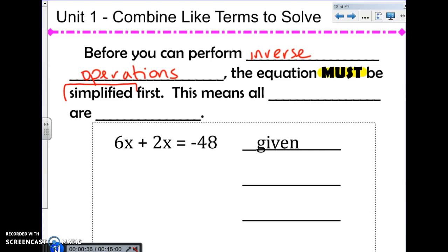Simplifying is all that stuff that I made you do at the end of last chapter, where you either combined like terms or you did distributive property. That stuff has to be done first. So this means all like terms are combined.